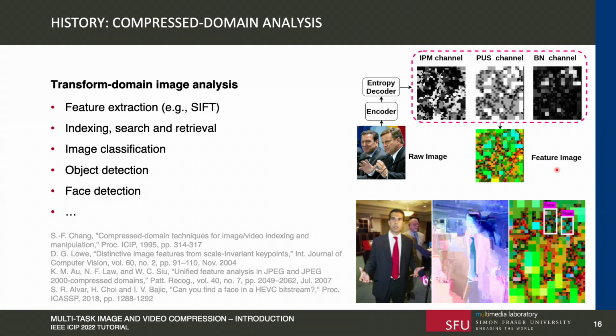And the reason is that these bitstream syntax elements, especially say intra-prediction modes, contain information about the edges and edge directions. And so you could appreciate how that type of information is relevant to detecting faces or maybe other objects as well. At the same time, because transform coefficients aren't actually used in detection, you could scramble them.